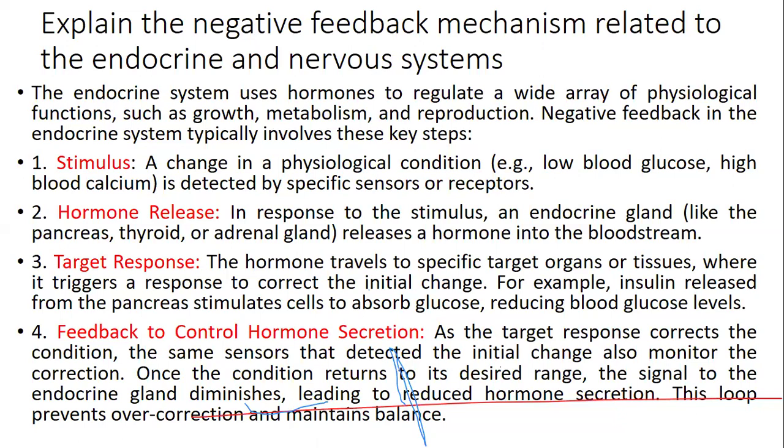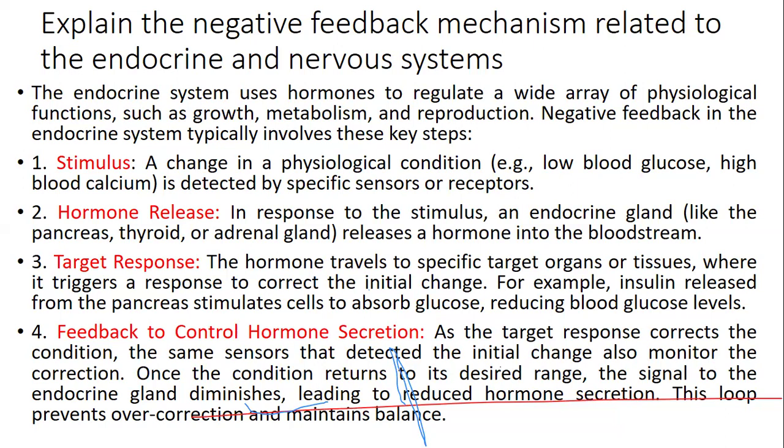So if we detected that, then there will be a necessary hormone that is released. So this hormone that is released could be released by, say, the pancreas. So remember, the pancreas has the islets of Langerhans, the beta cells and the alpha cells of the islets of Langerhans.